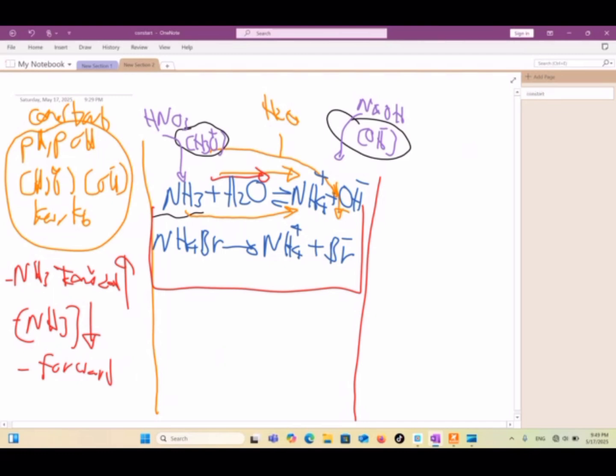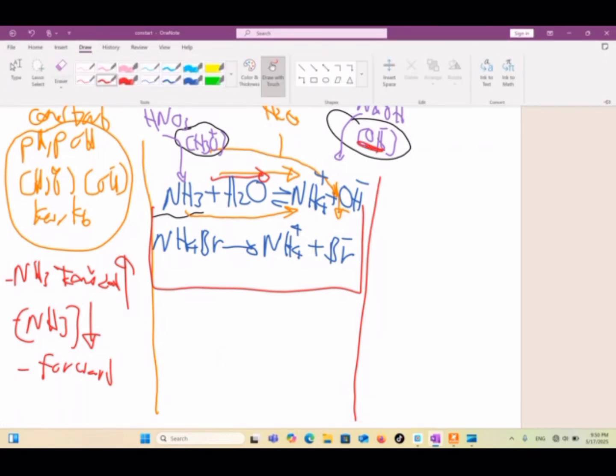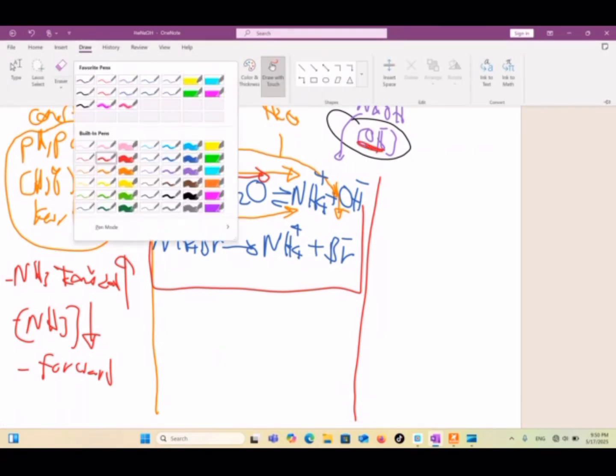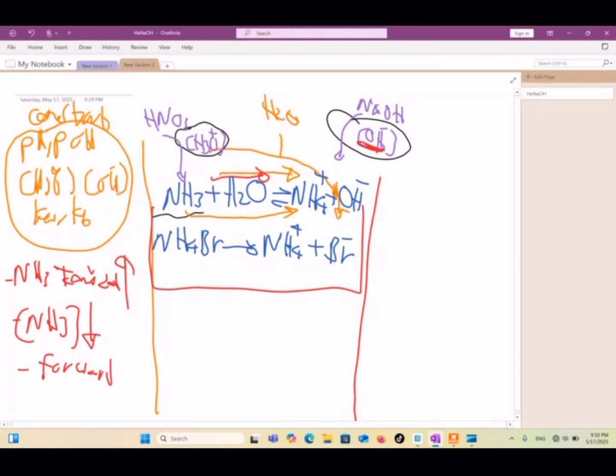Let us talk about when we add a base into the same solution, a basic buffer. Guys, by addition of the base, we mean hydroxide. When we add hydroxide into the basic solution or basic buffer, the hydroxide initially increases and then shifts the reaction toward the reactant side.